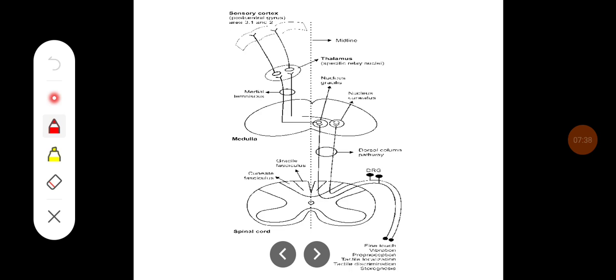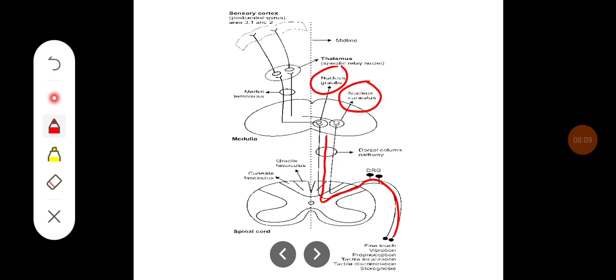So this is the schematic diagram showing the dorsal column tract. The first order neuron arises from the receptors. They come to the dorsal root ganglion. They come to the spinal cord, relay in the spinal lamina. Then they form the dorsal column pathway, and they reach the nucleus gracilis, which is situated medially, and nucleus cuneatus, which is situated laterally.